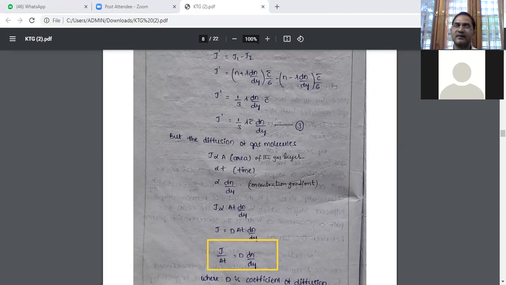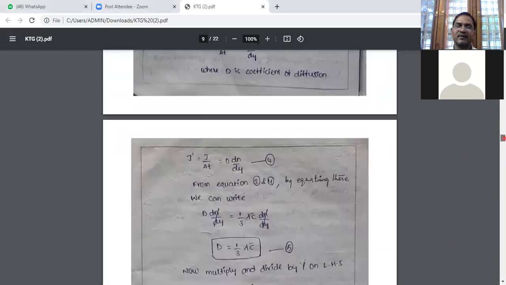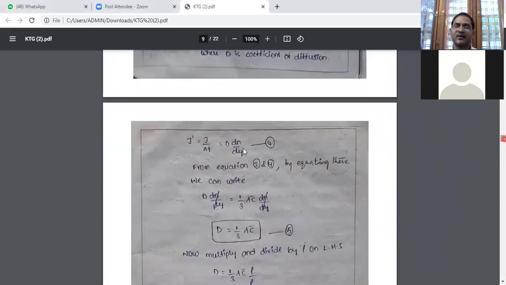Clear? Yes, sir. Equating equation 3 and equation 4, capital D dn by dy equals 1/3 lambda C bar dn by dy. Then dn by dy gets cancelled.